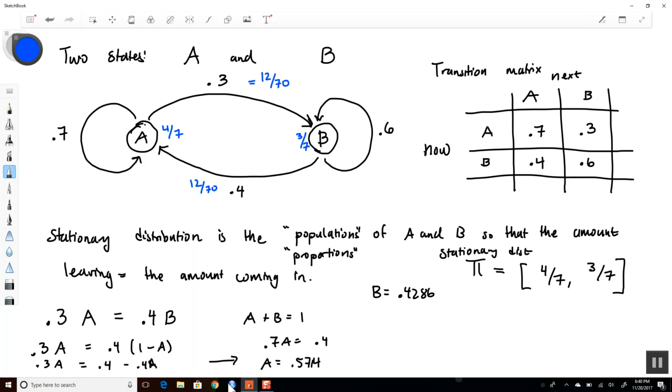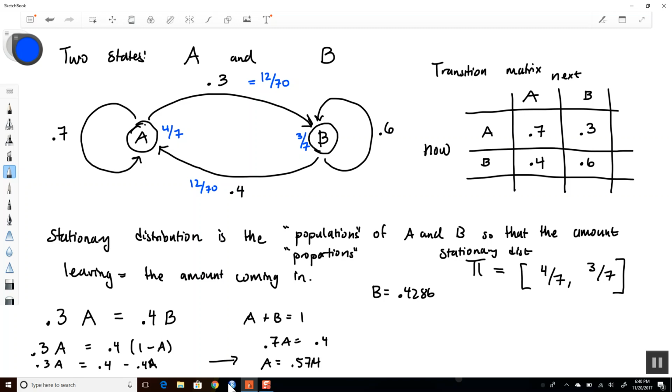The vast majority of Californians probably stay in California the following year, and the vast majority of Texans probably stay in Texas. But we can look at the amount that transitions from one place to another and reach a point of equilibrium.